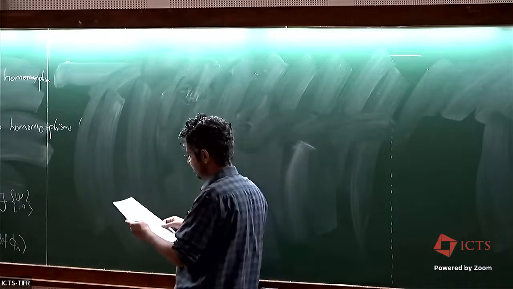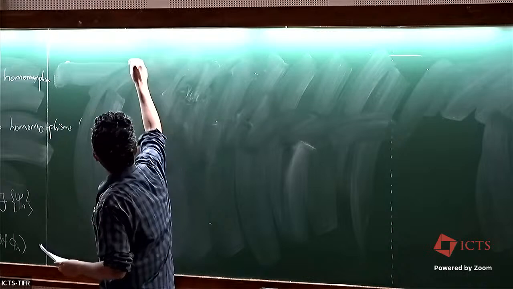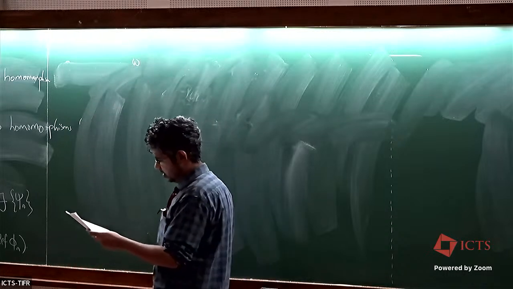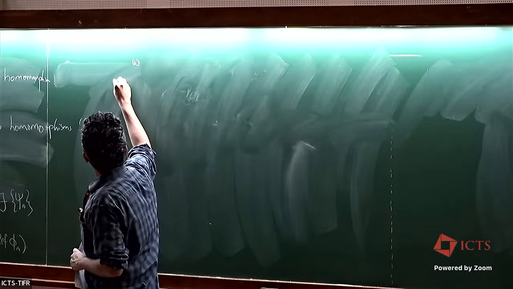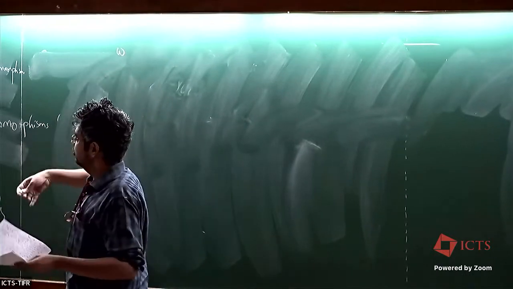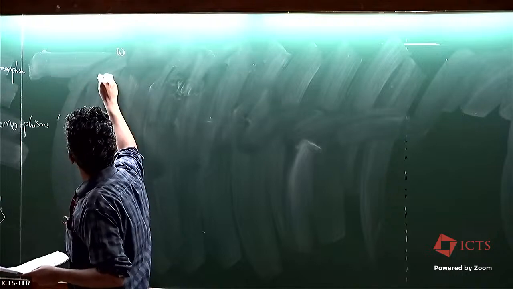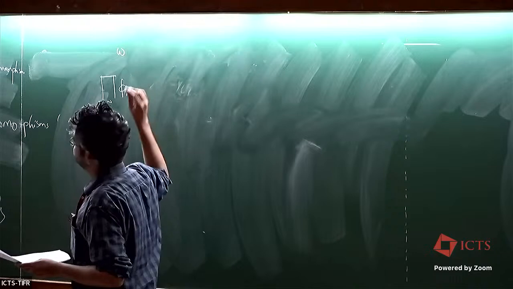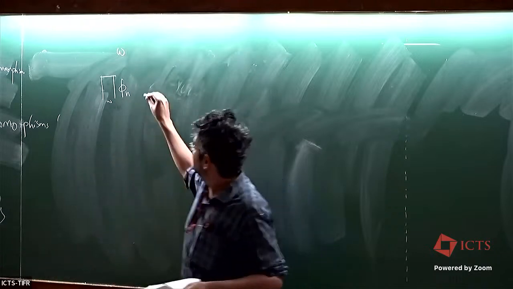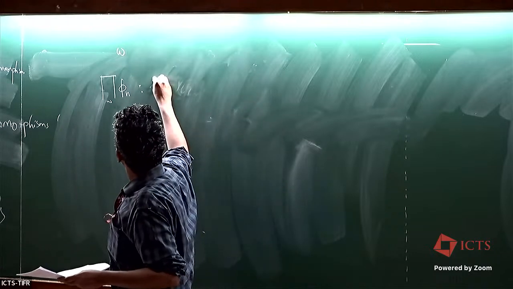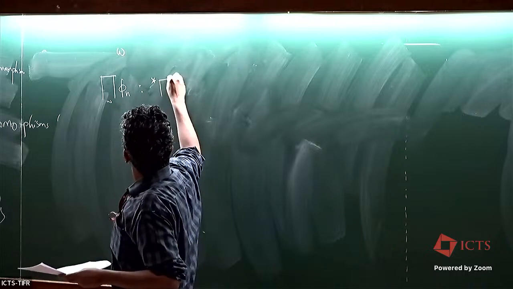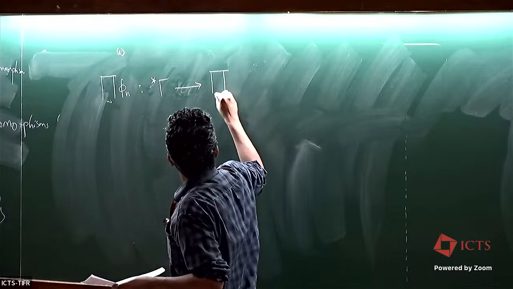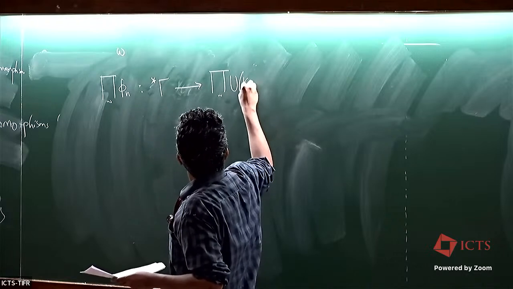So what I mean is, if you take some non-trivial ultrafilter omega, and then you take the ultraproduct of all of these phi n's, you'll get something like omega of phi n. So what will this be? This will be a map from the ultrapower of gamma to the ultraproduct of these groups.